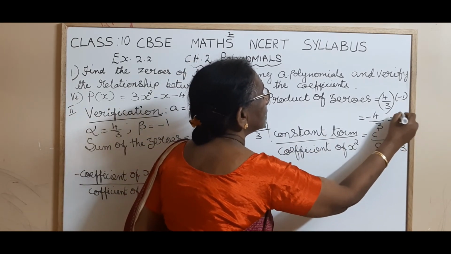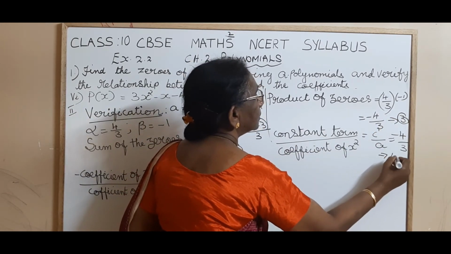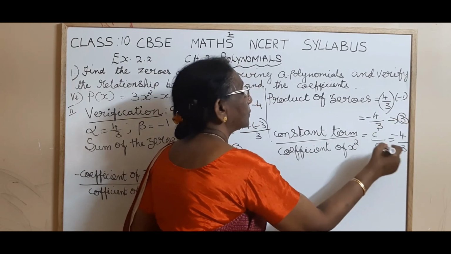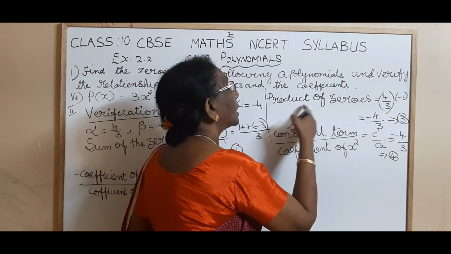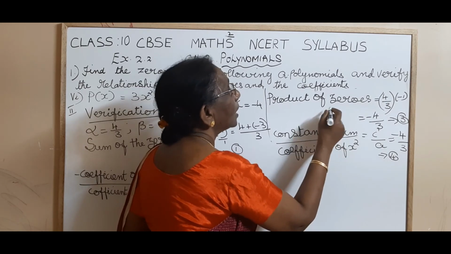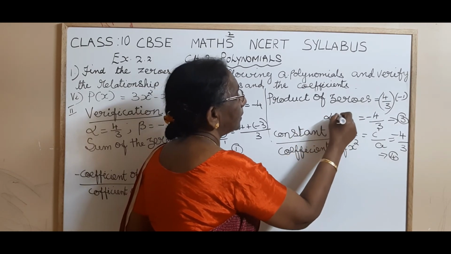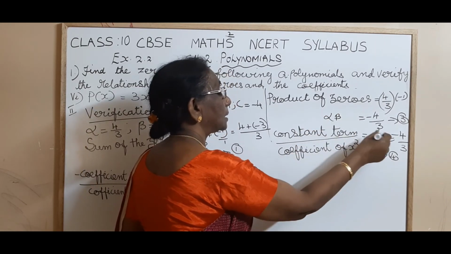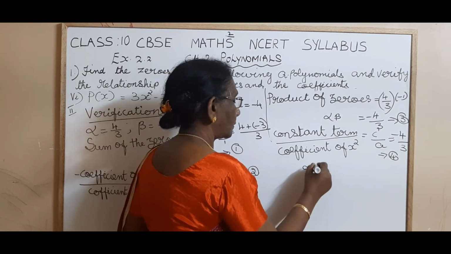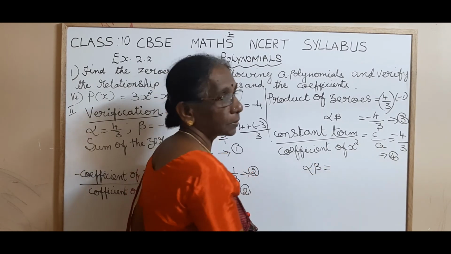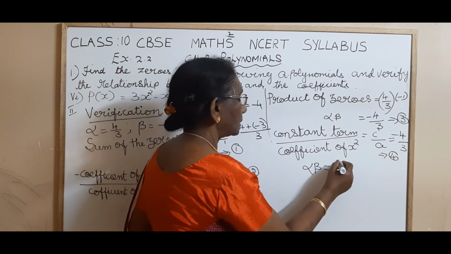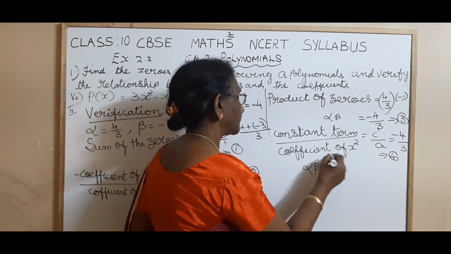Name this as 3. Name this as 4. From 3 and 4, both, product of the zeros means what? Alpha beta. And this is C by A. Therefore, alpha beta, that is product of the zeros, is equal to C by A.